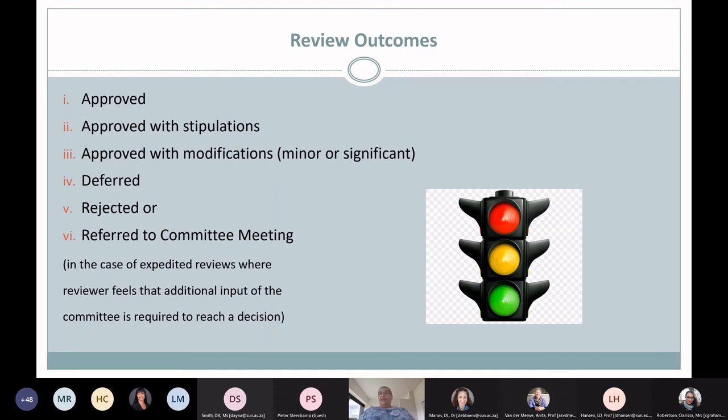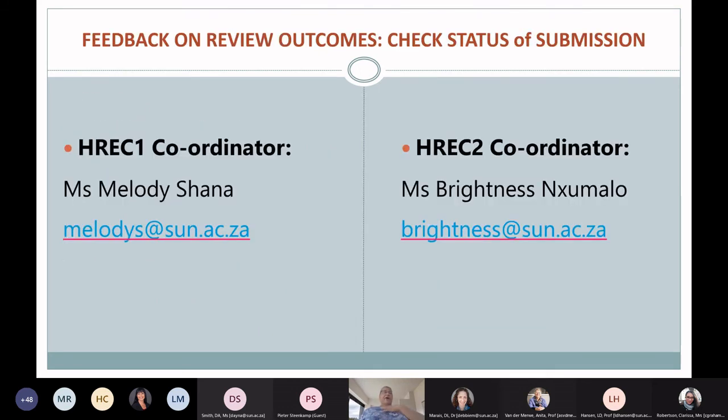You can definitely budget about 4 to 6 weeks for a turnaround time: about 4 weeks on expedited reviews, and then committee reviews about 6. So who will contact you is the HREC coordinator.